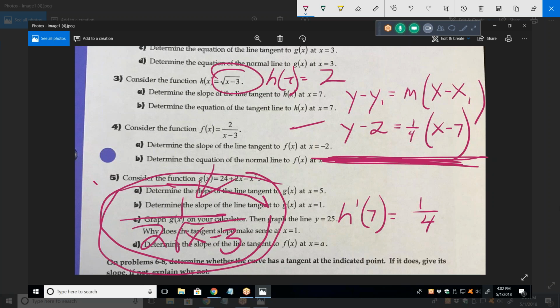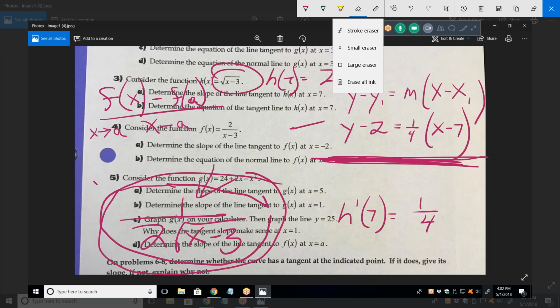Well, before we go on, let's just give it a shot. f of x minus f of a all over x minus a as x goes to a. Well, let's see. Let me erase some of this stuff.